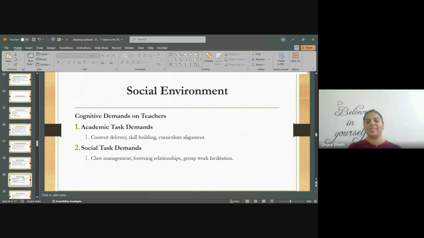These are the social task demands on teachers. So managing class, fostering relationships and group work facilitation.